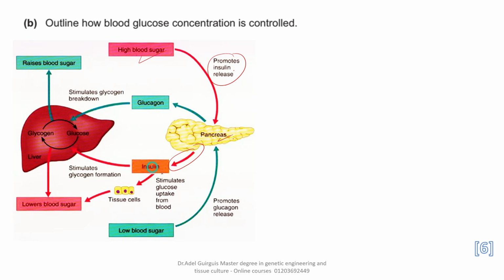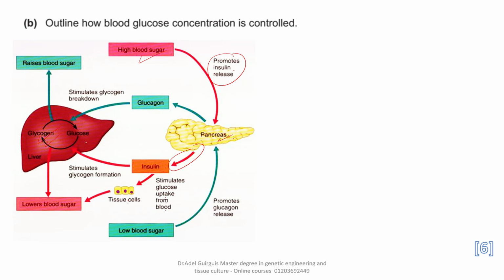Insulin is needed to allow glucose to enter cells. It stimulates glucose uptake from the blood by all cells, especially the liver and the muscle, for storage of excess glucose in the form of glycogen. This happens in both liver and muscles.